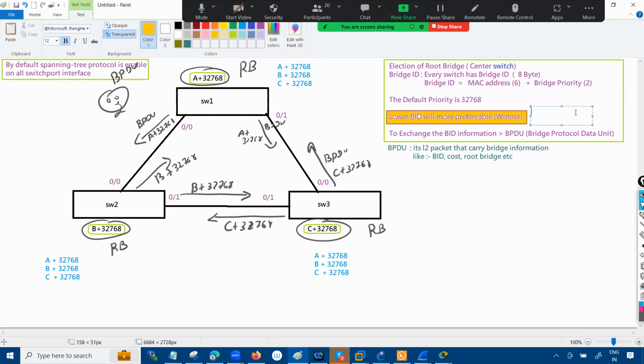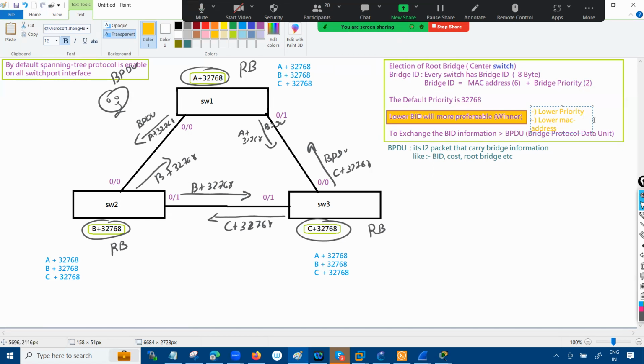The first election, it will look at the priority. Look for the lower priority. Everyone has the same priority, 32768. Okay, that's tied. Let's go for the lower MAC address now.